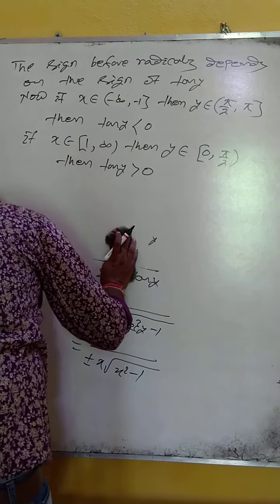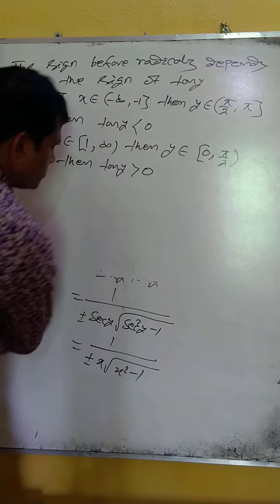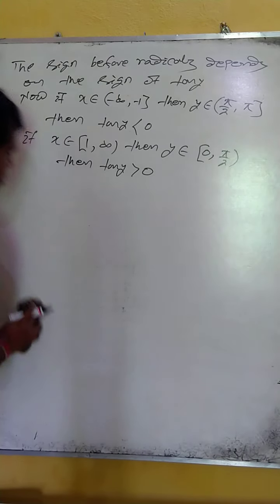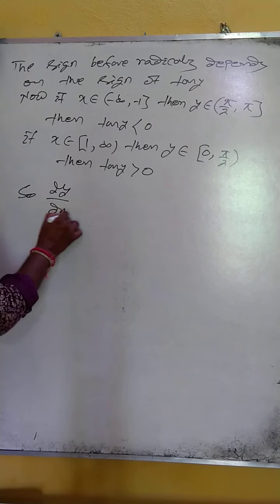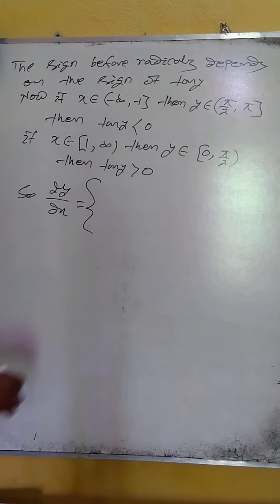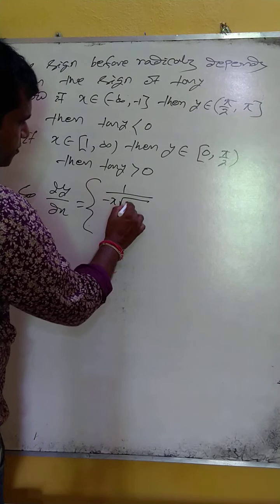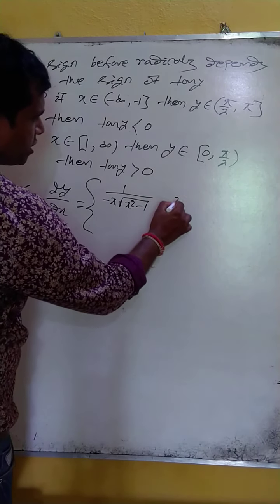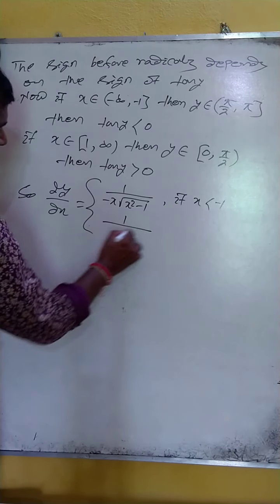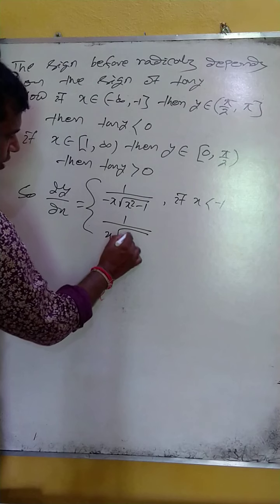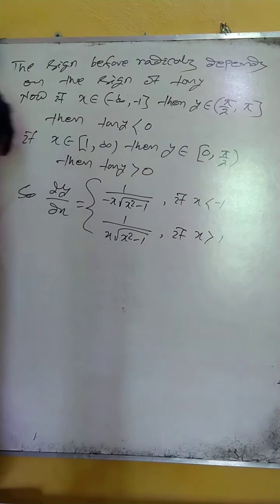Now we combine these two, so dy by dx is equal to 1 by minus x root over of x square minus 1 if x is less than minus 1, and 1 by x root over x square minus 1 if x is greater than 1.